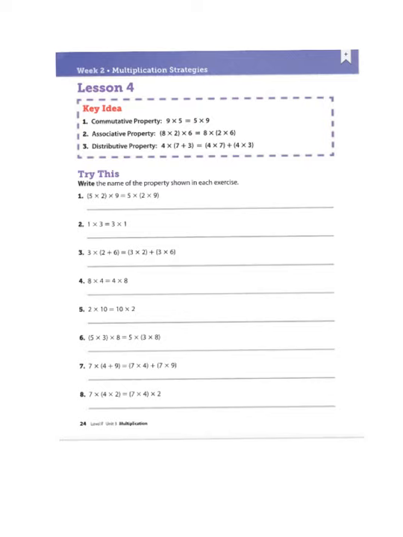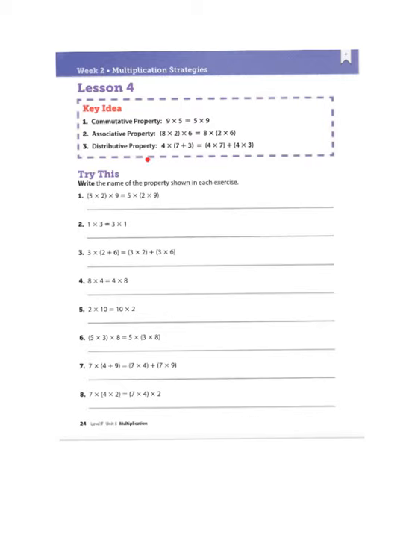On the try this, they just want you to write the name of the property shown. So these examples will definitely help you do that. Okay, so we'll do a couple together. Number 1 is 5 times 2 times 9 equals 5 times 2 times 9. And I notice that my parentheses are here.